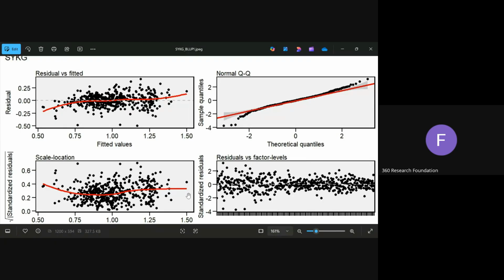If its slope is either upward or downward, it means the variance changes according to the predicted value. If the slope is downward or upward, the variance is changing as per the fitted value.